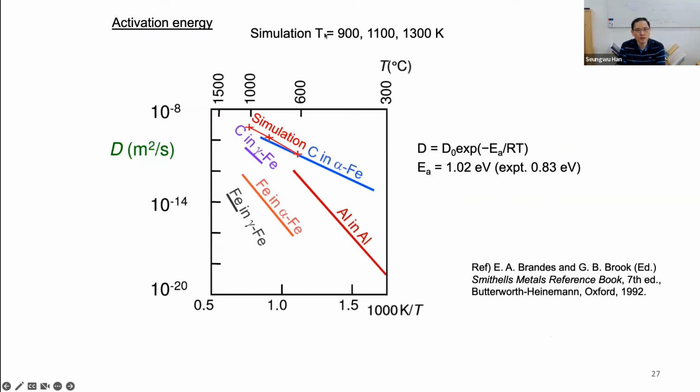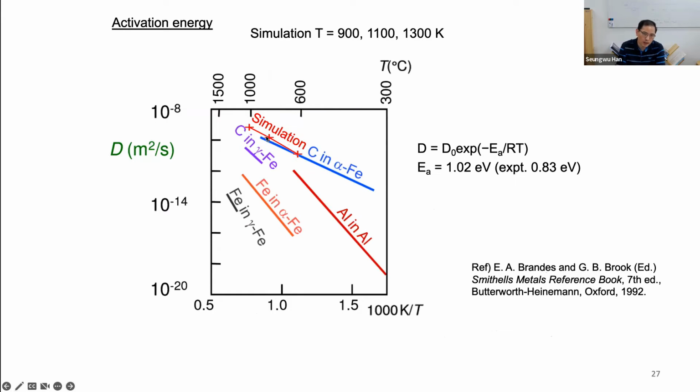And by changing the temperature, 900, 1100 Kelvin, then we obtain more data. And then with this, the plot, this is log D, the log of the diffusion coefficient, versus one over the temperature. And here, this is the simulation data. And this blue one is the experimental measurement. I got this from this reference here. And you can see that it's quite close.